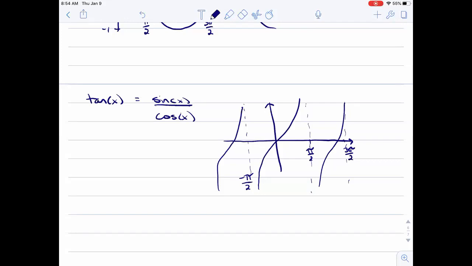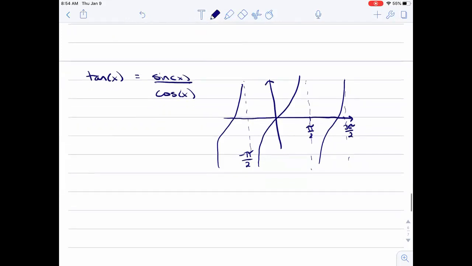Anyways, in general, 3 pi over 2 should probably be scooted out way more. And the period of tan x is just pi, because we only have to move out pi radians to start anew. Okay.